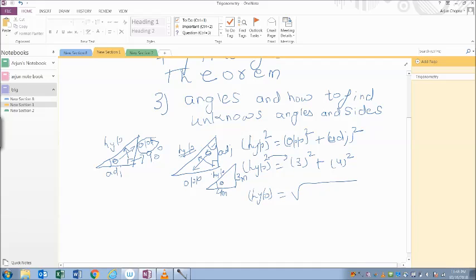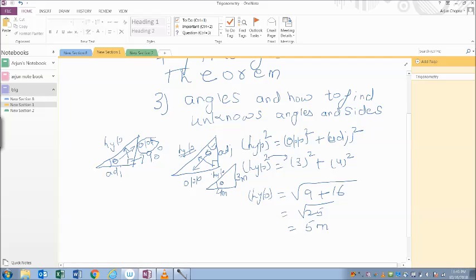Now under root of 3 square is 9 plus 4 square is 16, and the value will come out to be 25 under the root, and I can write it as 5 meters. Alright, and let's take another example.